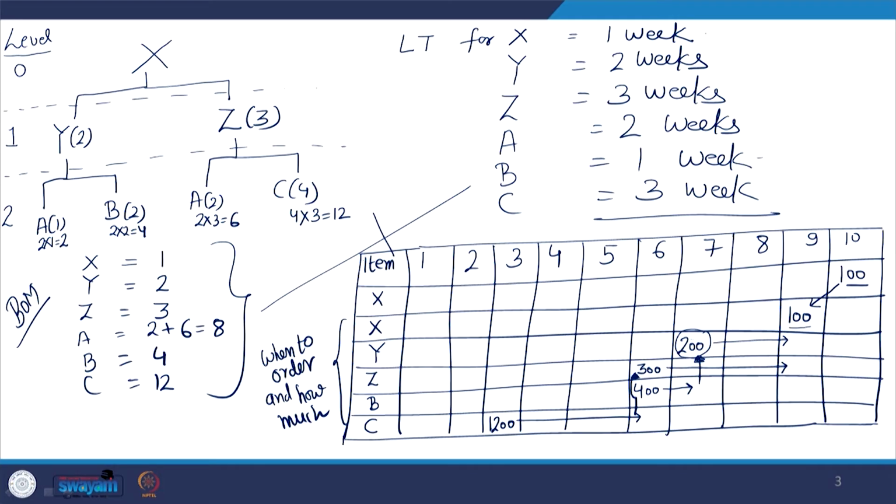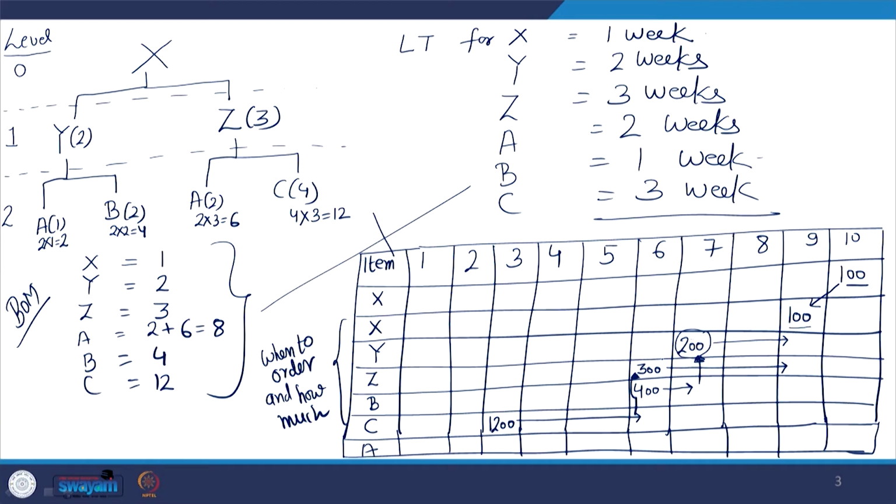And then finally, let me also think of A's. A's are required for both Y and Z. Now, you see your Z is starting in the period 6. So, you should place the order of A so that you can get enough number of A to fulfill the requirement of this.